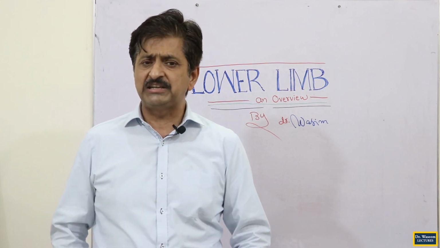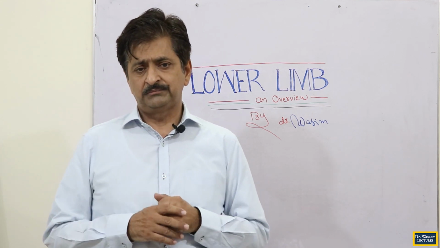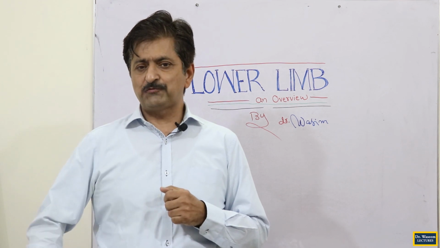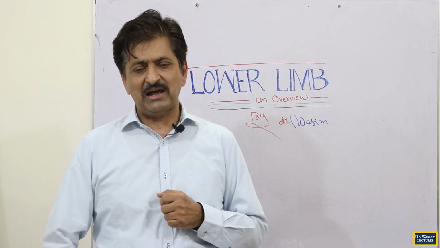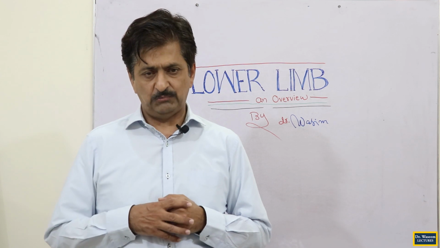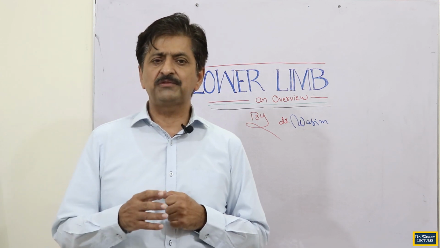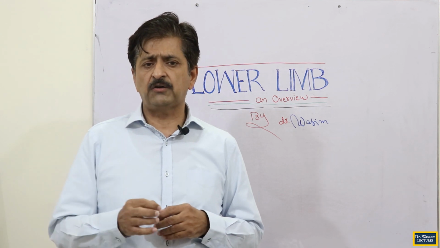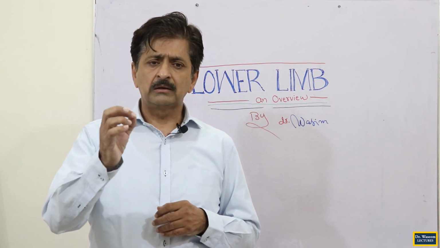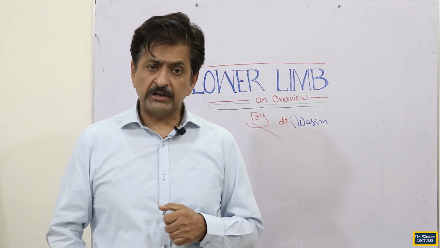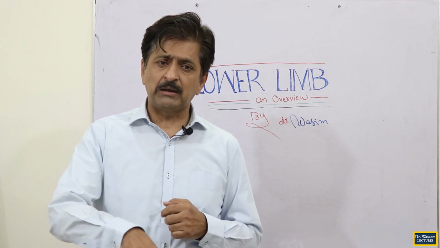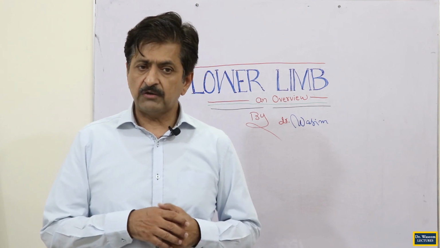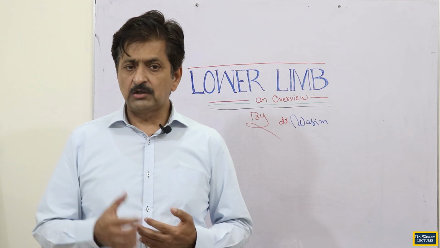In the front of the thigh, you have to deal with it under 9 components. When you enter the medial side of the thigh, again 9 components, and the back of the thigh again 9, and the gluteal region again 9.